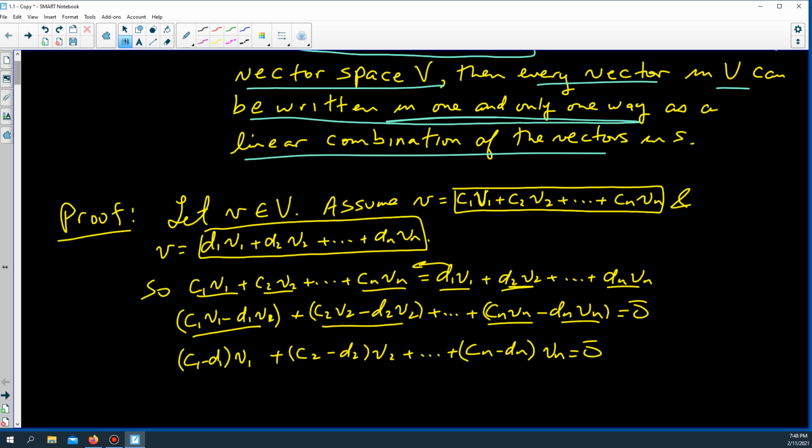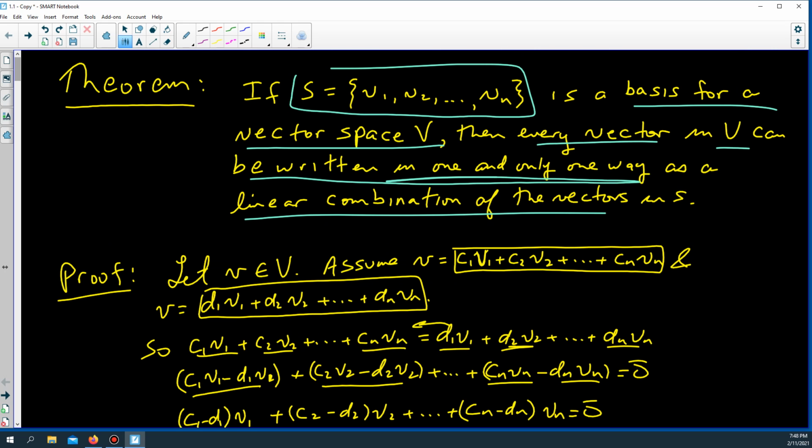Okay, so we have this. And now, let's see what we know. We know that this set here is a basis for vector space V. That means that S is linearly independent.